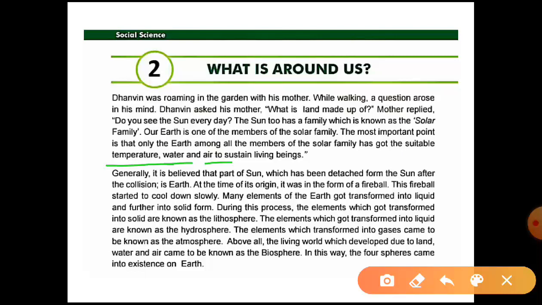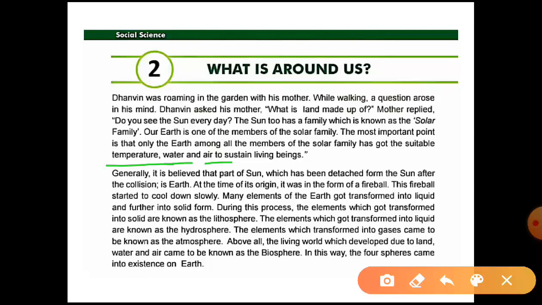We will understand what the lithosphere is. The elements which got transformed into liquid are known as the hydrosphere, and the elements which transformed into gases came to be known as the atmosphere.